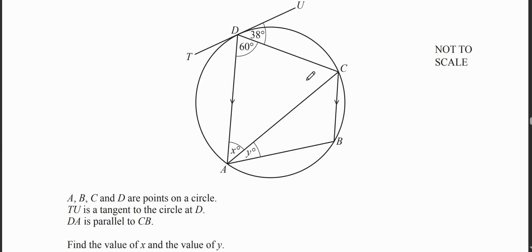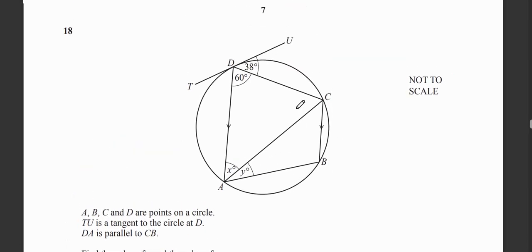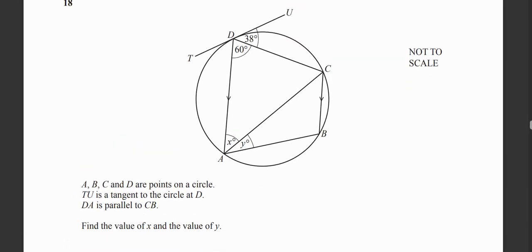Now next question. It says, question 18, A, B, C and D are points on a circle. TU is tangent to the circle. DA is parallel to CB. Find the value of X and the value of Y. Now look guys, how do we solve this question?